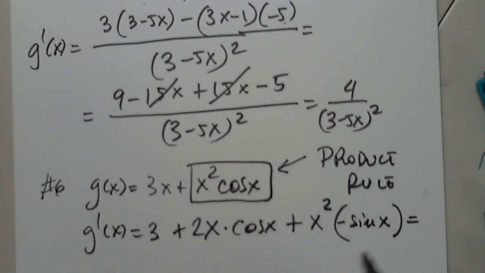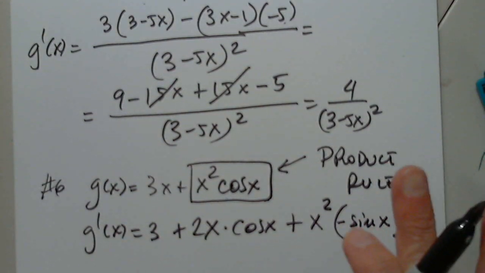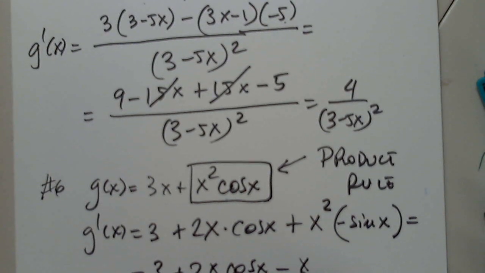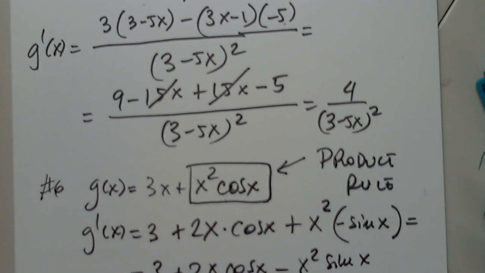Yes, I will remove parentheses, multiplying positive by negative. So I get 3 plus 2x cosine x minus x squared sine x. And this is it. Any questions on this before we look at something else?